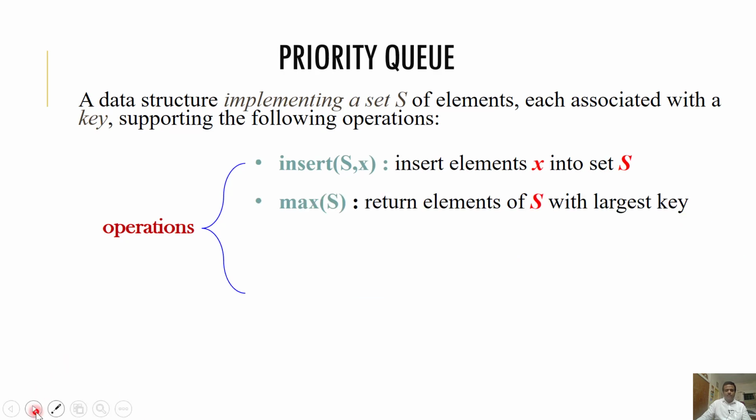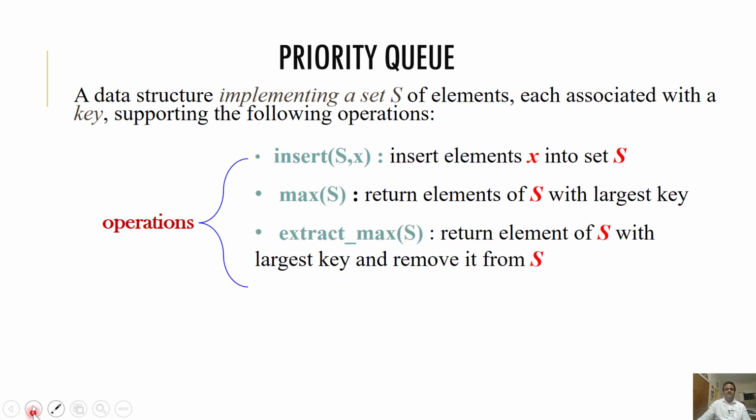Max of S we have discussed: we want to get the maximum element, the largest key value in this set S. Then extract max: after getting the max, we want to delete it from S. These are the operations we should be able to do.